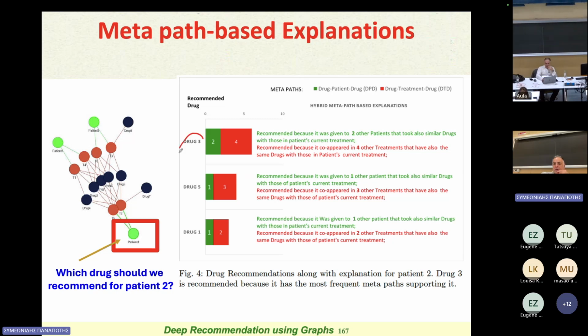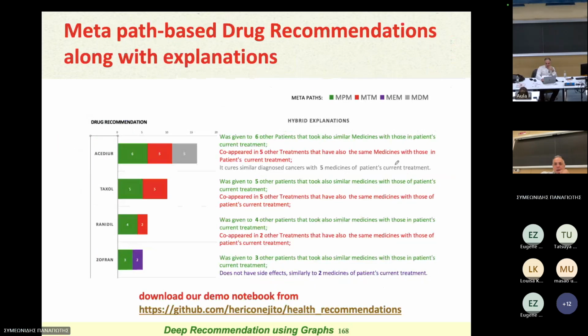And have drug recommendations based on specific metapaths that you can have. We have some work here. You can download some code from GitHub.